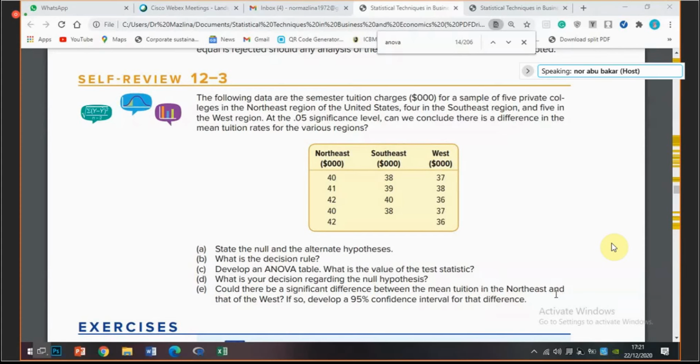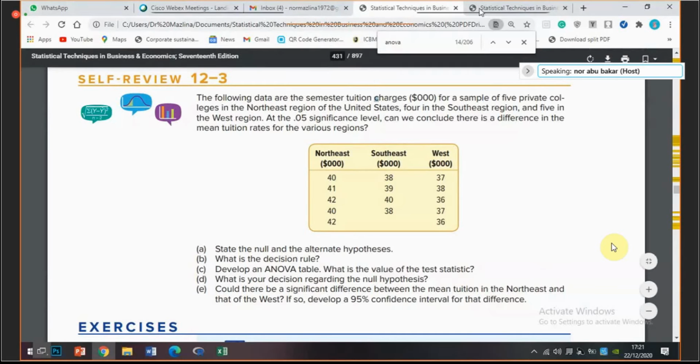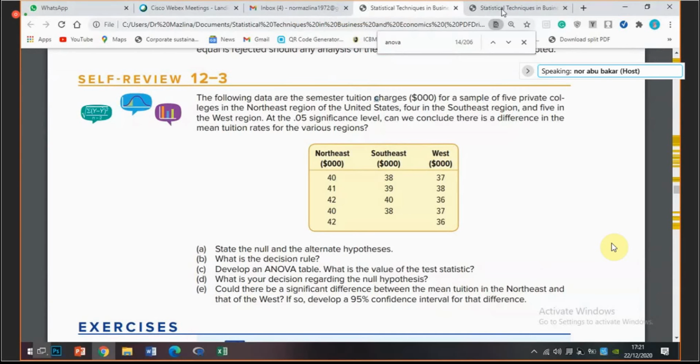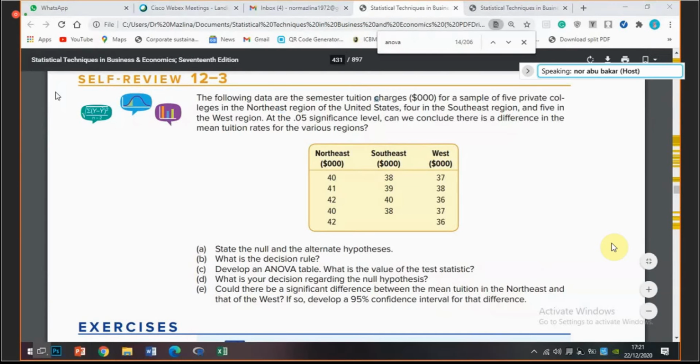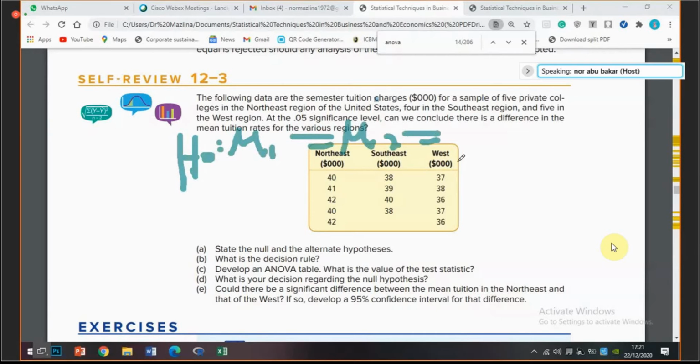Okay, you reject H0 means that, remember our H0? Let me take out my great pen. Okay, so you have H0: mean 1 equals mean 2 equals mean 3, for the population. And H1: not all are equal.